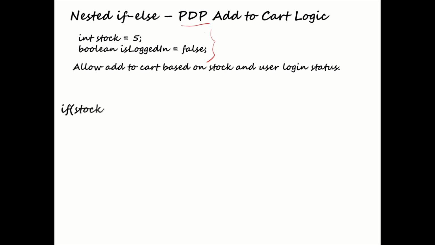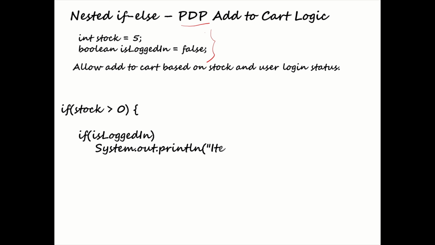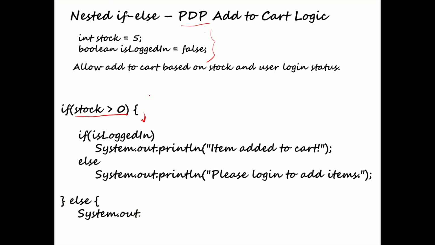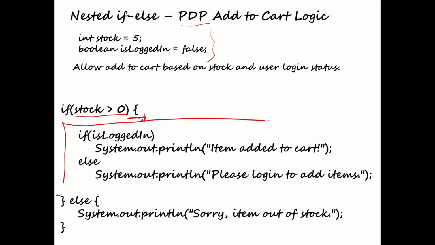So I'm going to check first if the stock is greater than 0. Then I'll enter into this if block. Now 5 is greater than 0, so the JVM will enter into this block. See, this is starting here and this is ending here, that means this is the entire block.